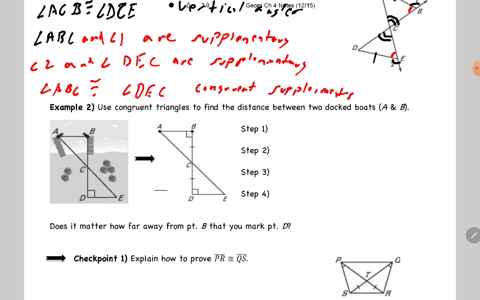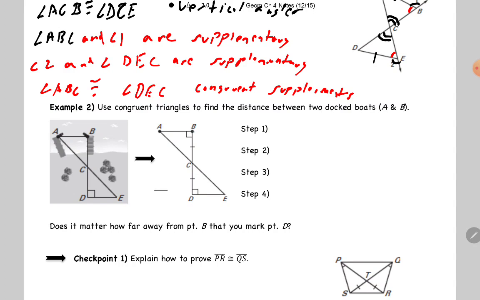But it's kind of weird because for some reason you can't swim and just measure out in the water. So you walk along BC here, or you start at B and then you measure the distance. What you're going to do is use the land to create two congruent triangles.